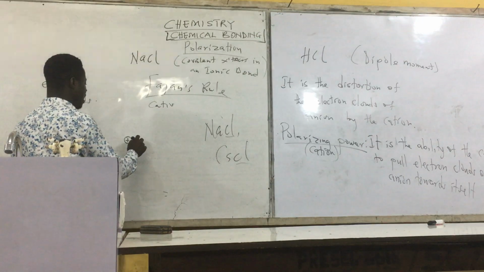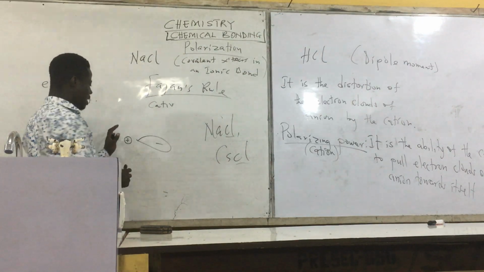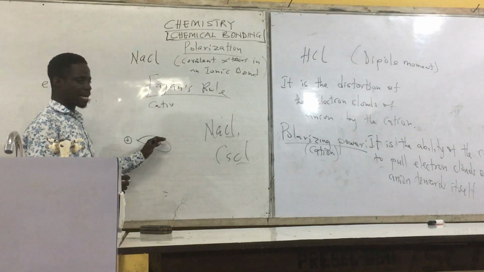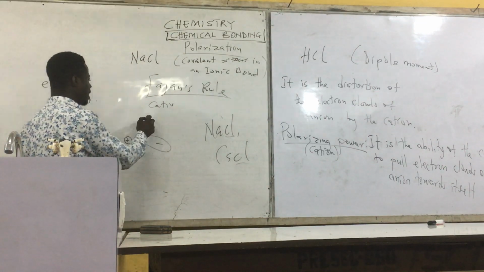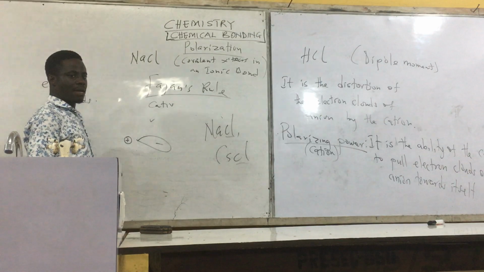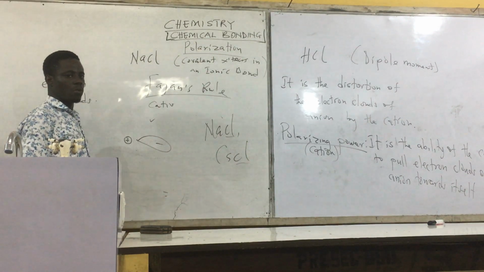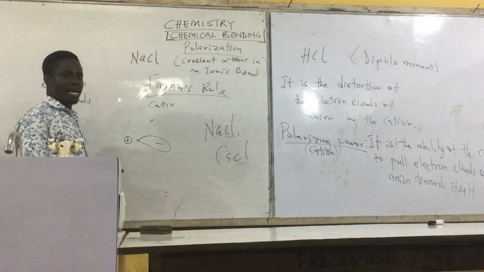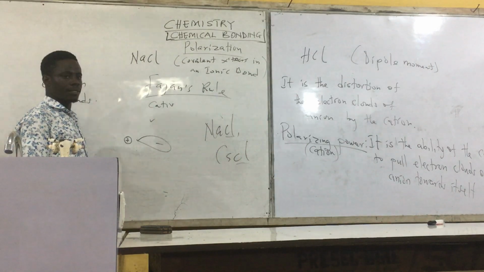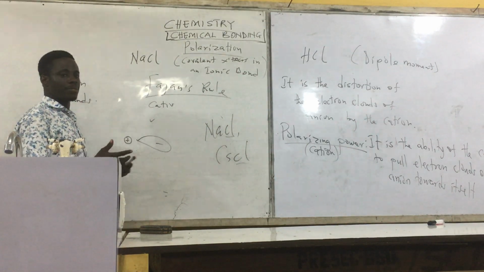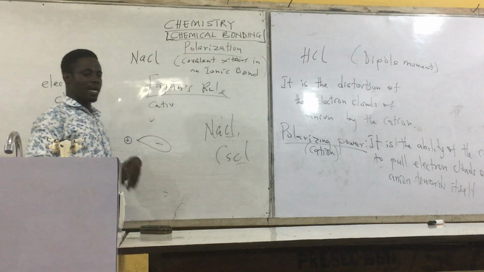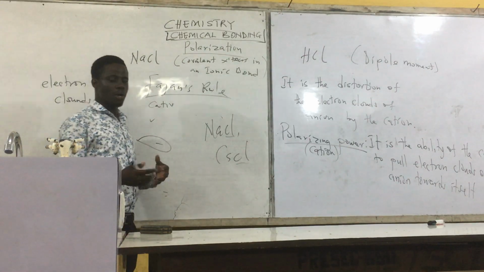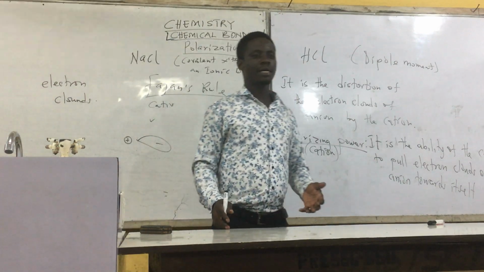That is one of his conditions. The second condition is that the bigger the cation, the higher the polarizing power or polarization. When you are more polarized, it means you are weaker. Looking at these two, in our next video we are going to explain which one will have a higher polarizing power.